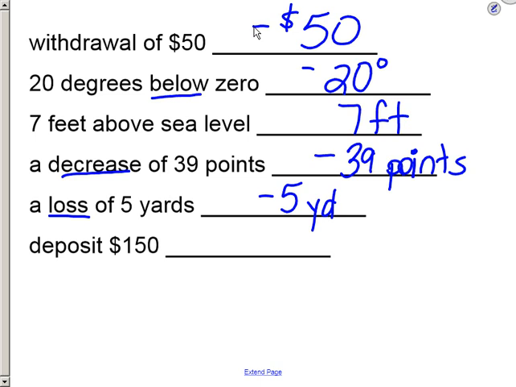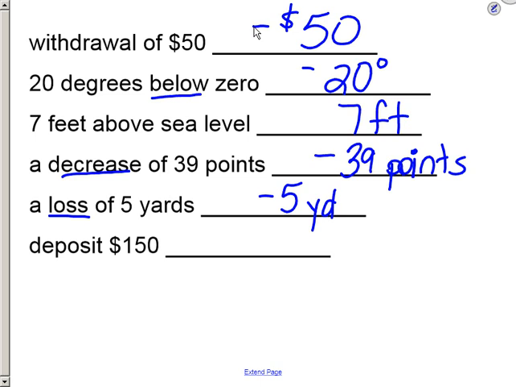For example, in the withdrawal of $50, that's negative 50, and that negative 50 is in relation to whatever our account balance was to begin with. Now it's $50 lower than where we started. So 0 in that situation means whatever amount of money we started with. If we started with $200, that's 0 in this situation, because now our account balance is 50 below 200.